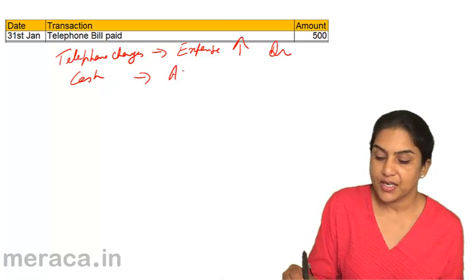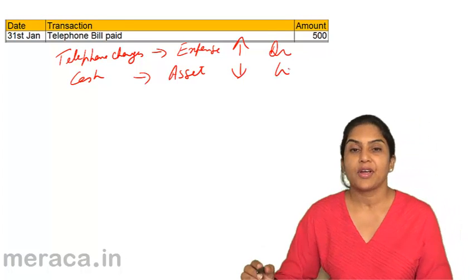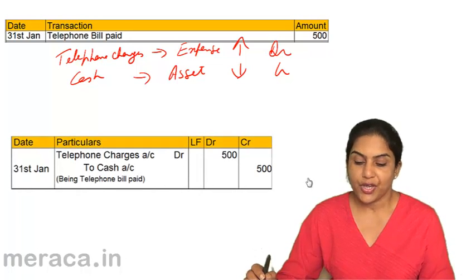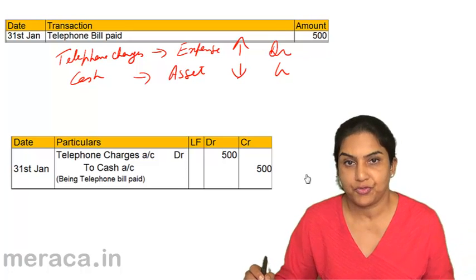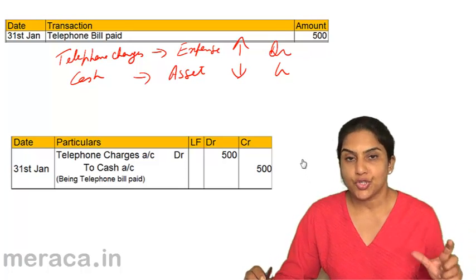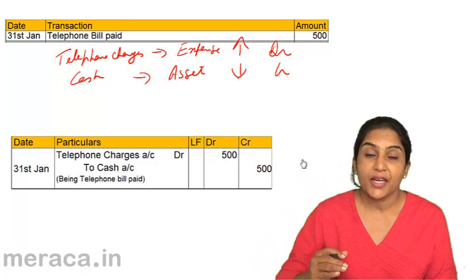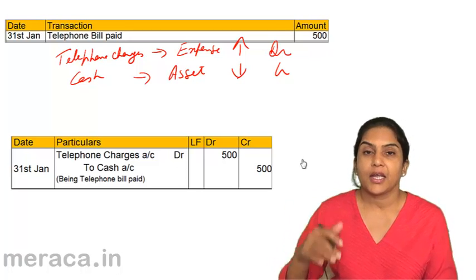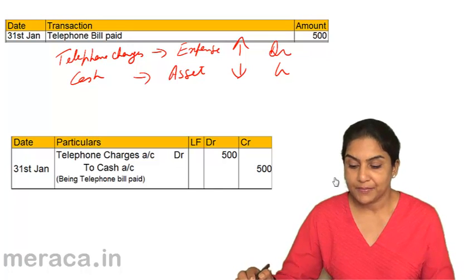Cash is an asset. It has gone out. Decreases, therefore credit. So telephone charges account debit to cash 500. So apply the rules of journalizing. Use the rules to frame the journal entry and then record it in a chronological, date-wise manner in the journal in the particular format.